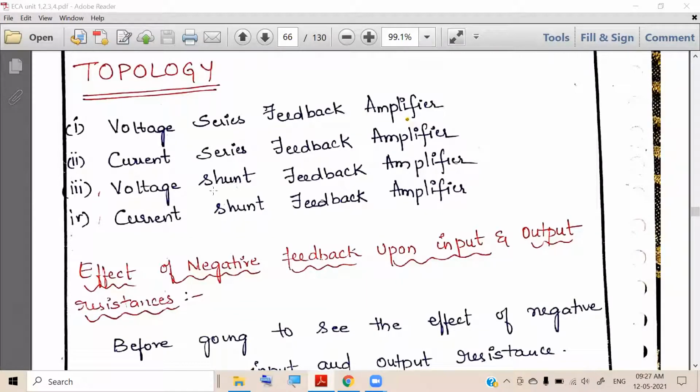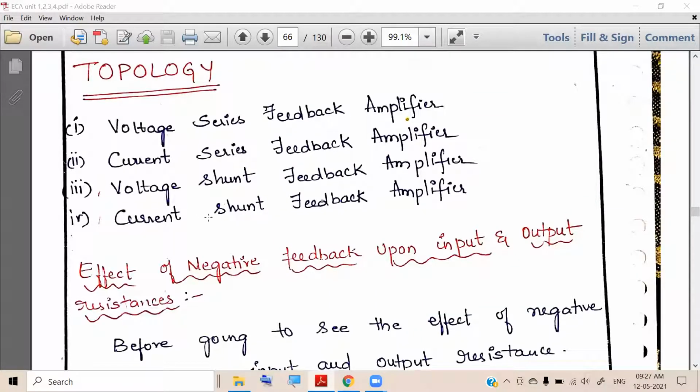A portion of the output is connected in shunt at the input. Whenever there is a shunt connection at the input, it represents current mixing. So in the third case, we represent the output in terms of voltage and the input in terms of current.